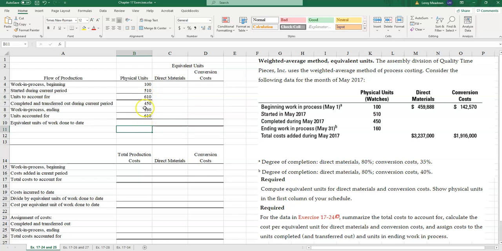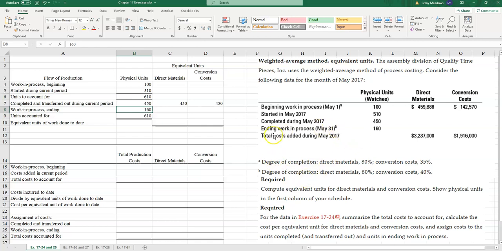Now let's compute the next step of our equivalent units. For the units completed and transferred out, by definition, they're 100% complete, for conversion costs and for direct materials. Now, let's take a look at my ending work in process. We're going to take 160 units of ending work in process and multiply that by the degree of completion for direct materials and then for conversion costs.